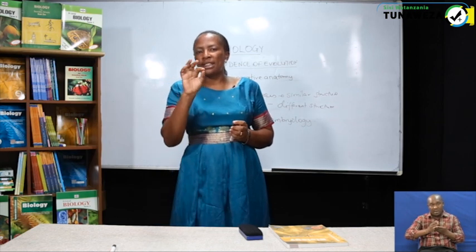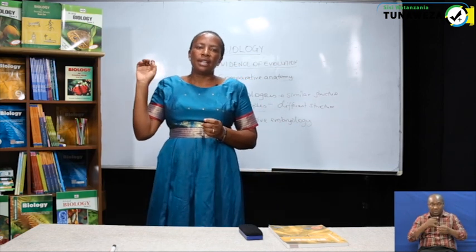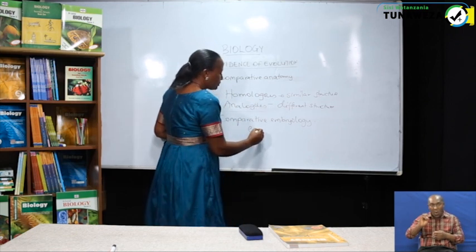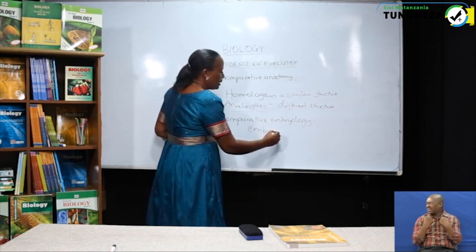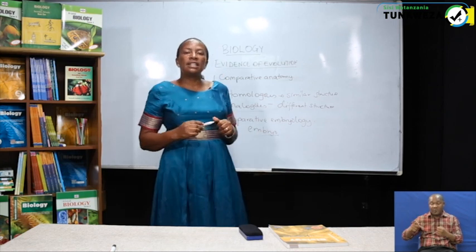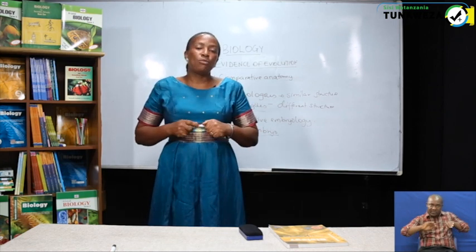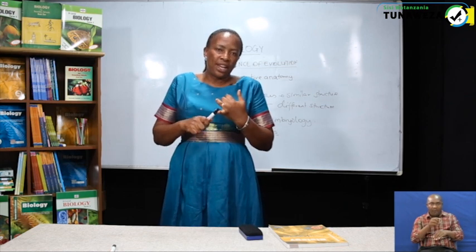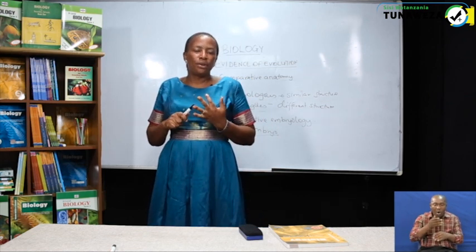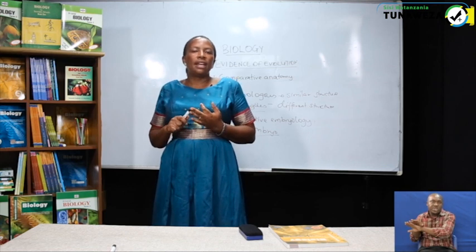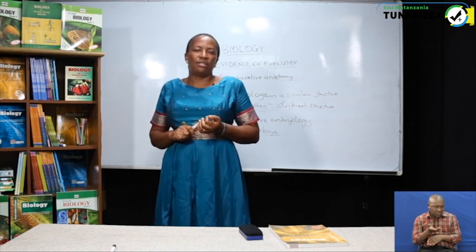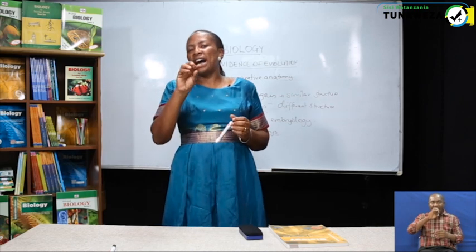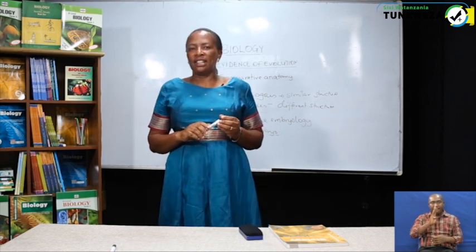Among these stages, there is a stage called the embryo. It is difficult to differentiate the embryo of hen, the embryo of human being, the embryo of fish, and the embryo of other vertebrates because they have common appearance.